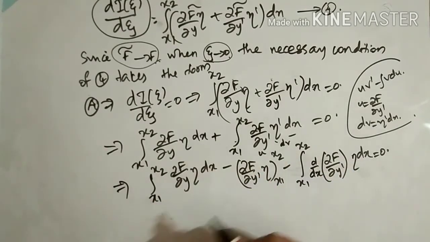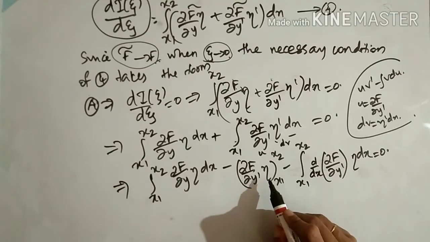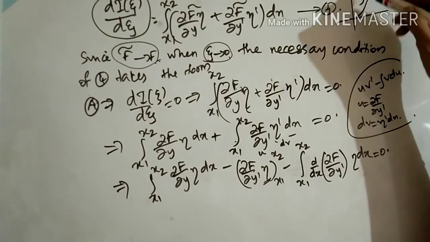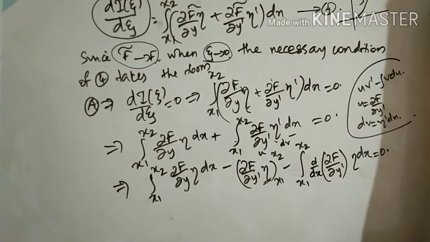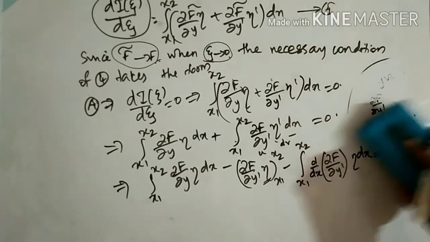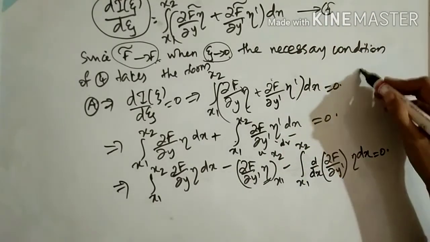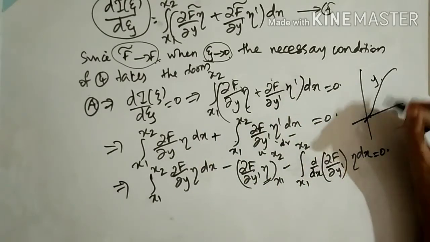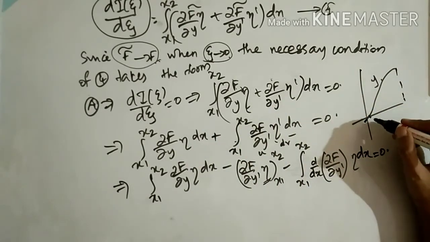Collect all the integrals, and before that you can see in the beginning itself that at the end points η will be equal to 0. You can see that y is the minimizing function, actual minimum. At these two end points both will be equal to 0.